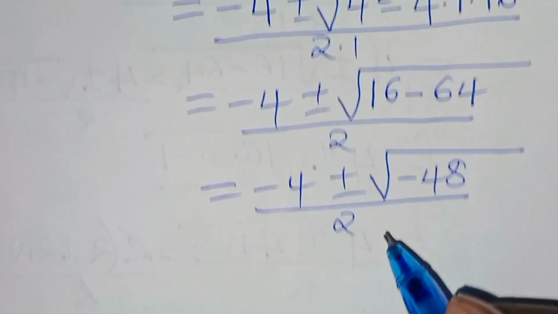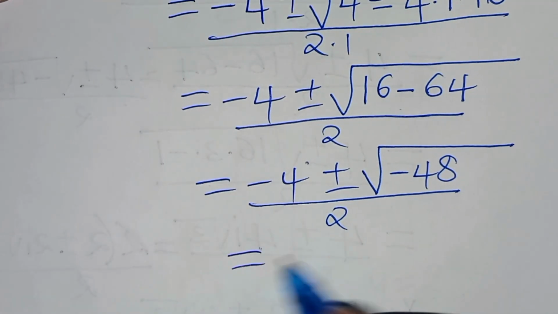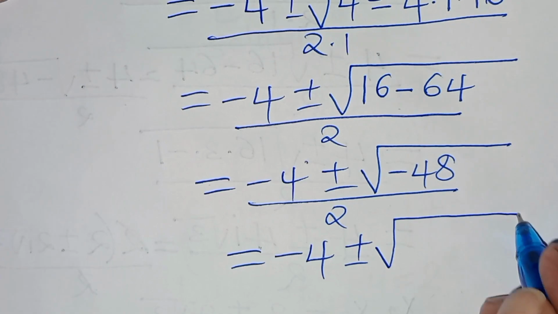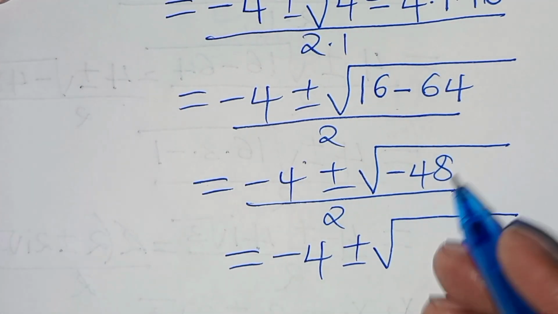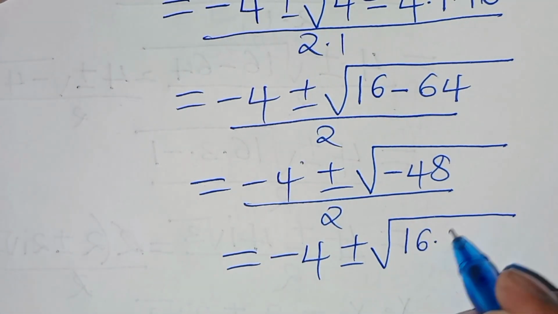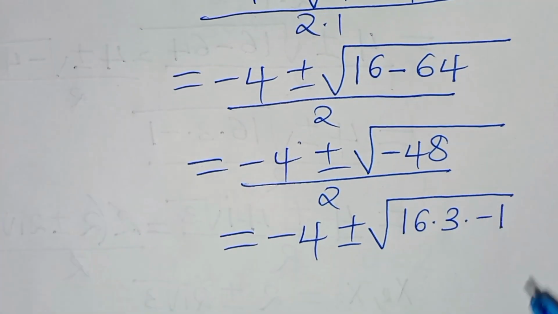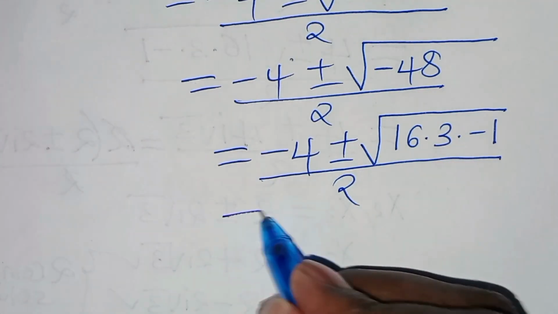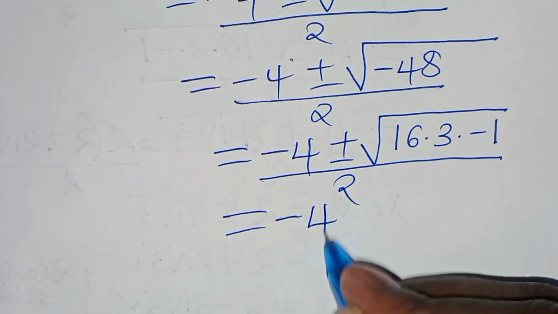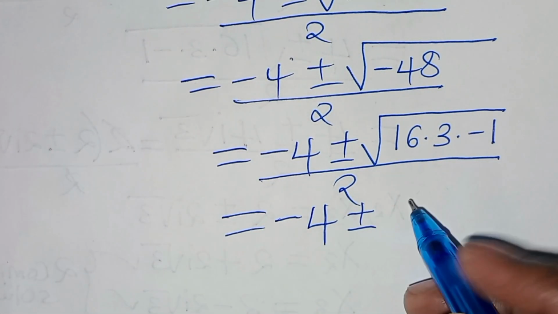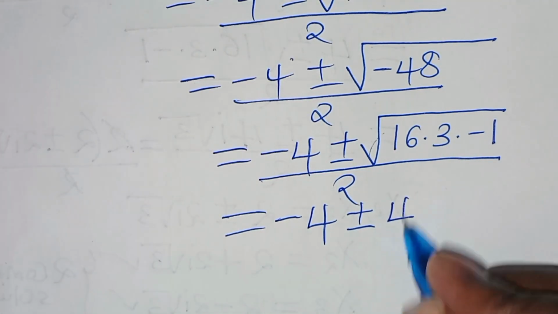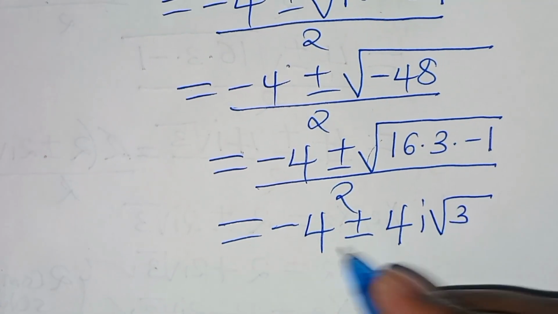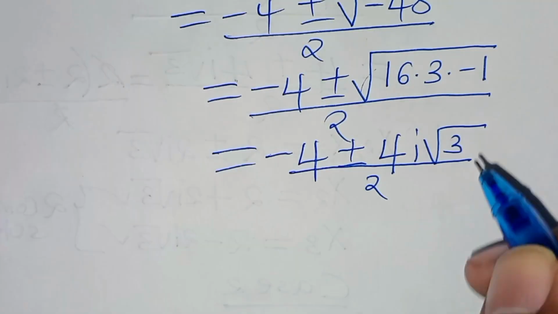divided by 2. So this means this is negative 4 plus or minus, we can express the square root of minus 48 as 16 times 3 times minus 1. All this divided by 2. So this implies here we have minus 4 plus or minus the square root of 16, this is 4, square root of minus 1, this is i, then square root of 3, divided by 2.